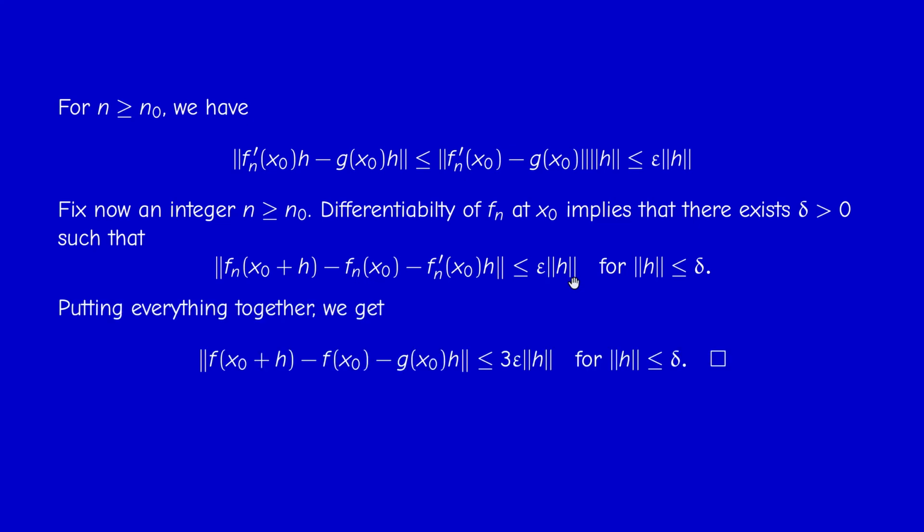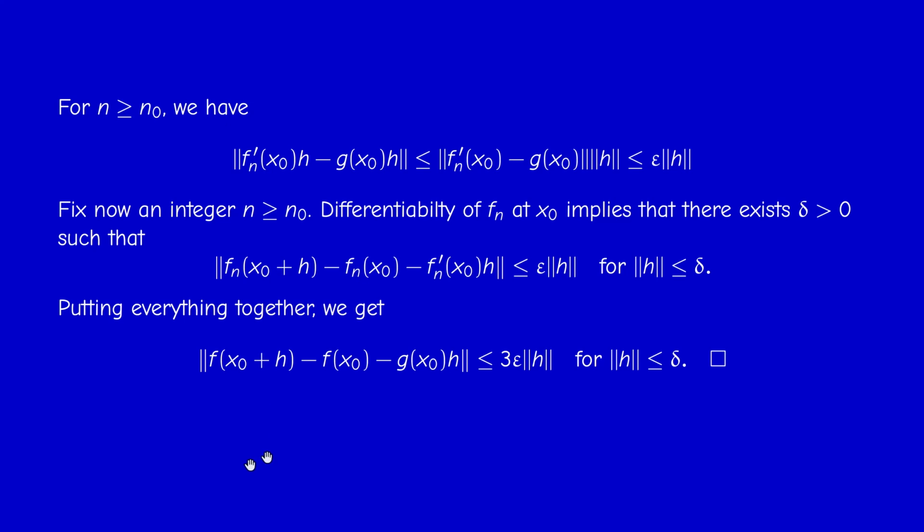So when I put everything together, we get that f minus the linearization, if you like, is less than 3 epsilon norm of h for every h whose norm is less than delta. So since epsilon was arbitrary, this is precisely the Fréchet differentiability condition at x0. But x0 was arbitrary, so f is differentiable everywhere.